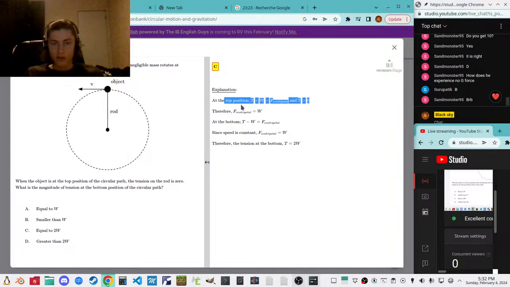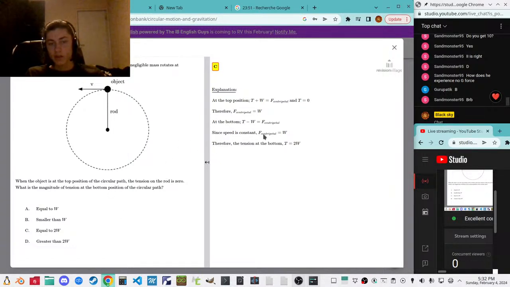Okay, at the top position, tension plus W equals F centripetal. And tension equals 0, so W equals centripetal. That's what I had. At the bottom, T minus W equals centripetal. T minus, yeah, because minus.